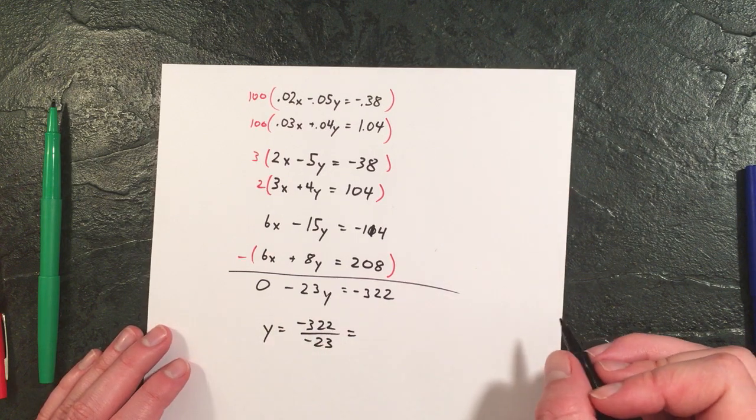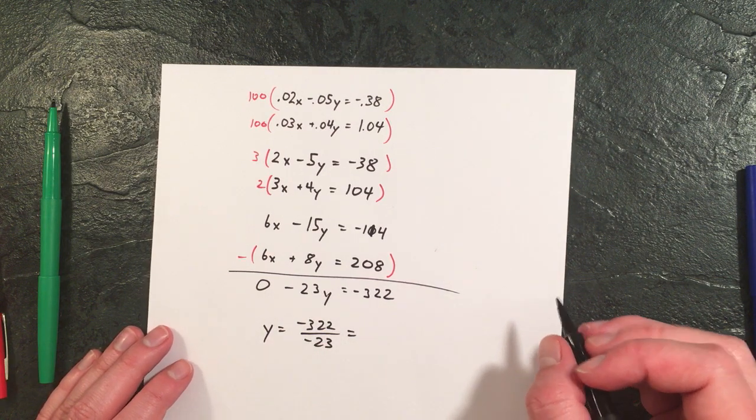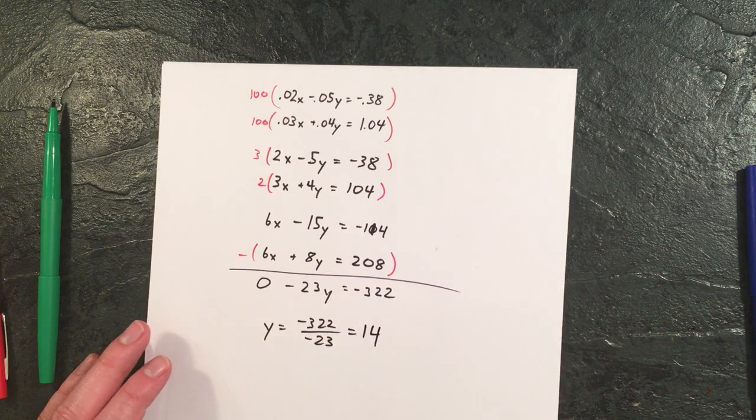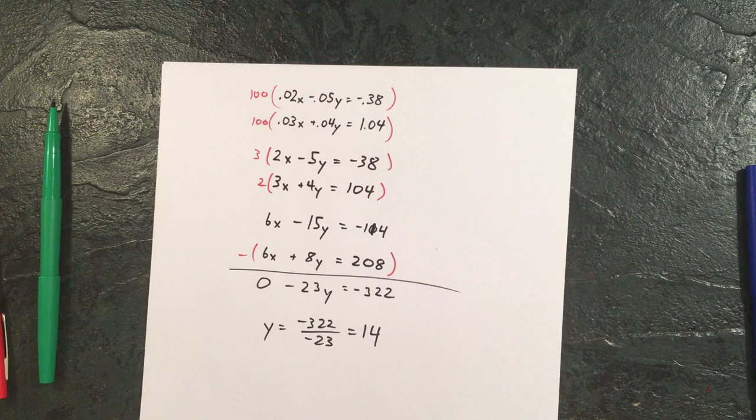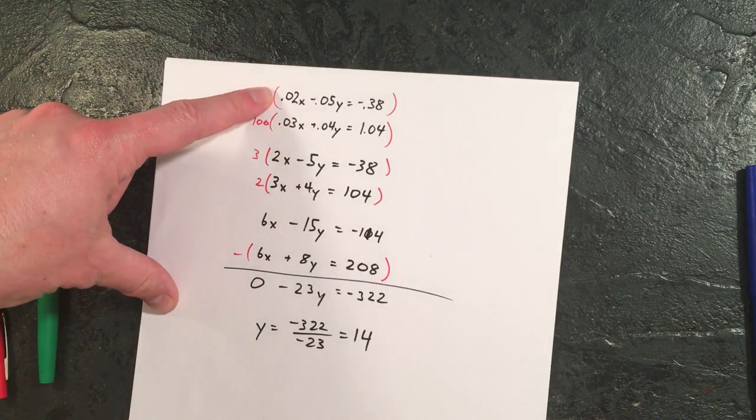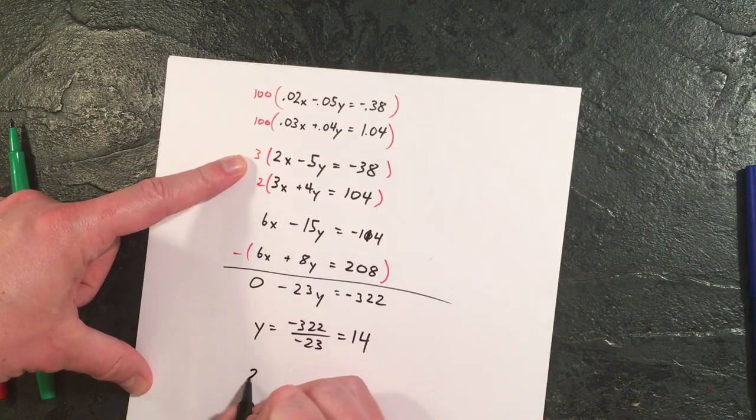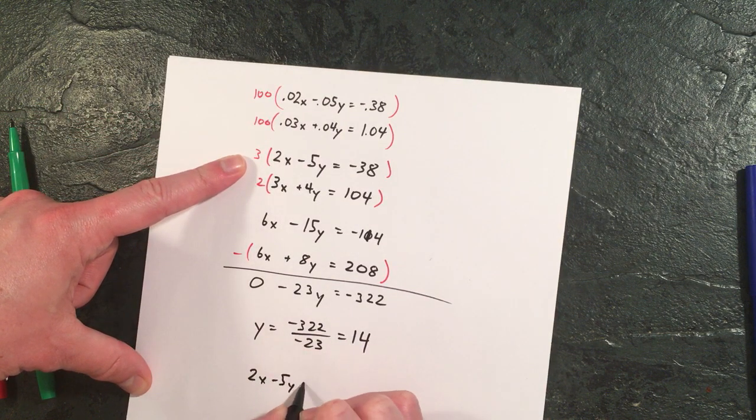And these do, in fact, work out to be a nice number. This one is going to be 14. Okay. Once we get 14, we can find out what that x is. We could use the decimal ones. I'm not going to. Let's go with one of the nicer equations here.